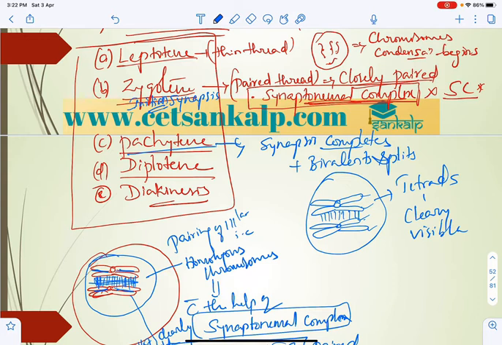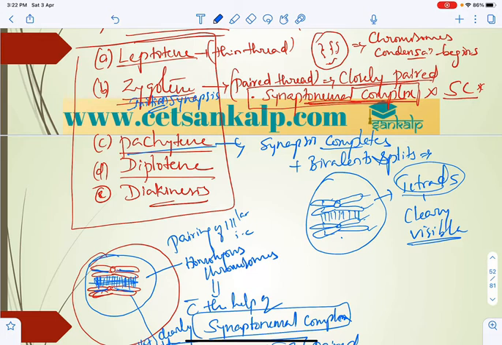The bivalent splits and leads to the formation of similar chromatids. These chromatids are considered tetrads, as there are 4, with 1 and 2 of this chromosome and 1 and 2 of the second chromosome. These are homologous chromosomes, so that is why they are clearly visible.